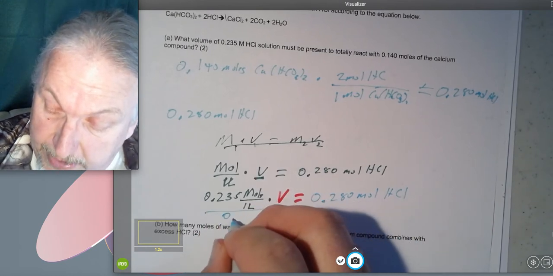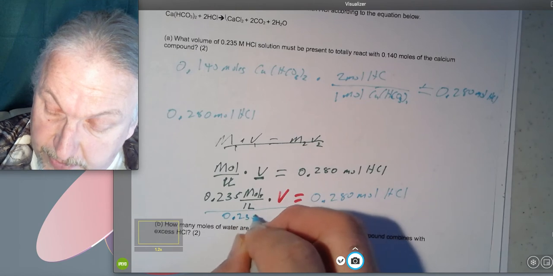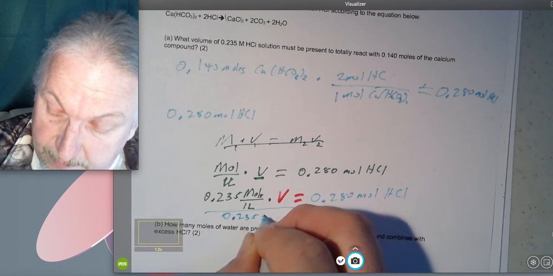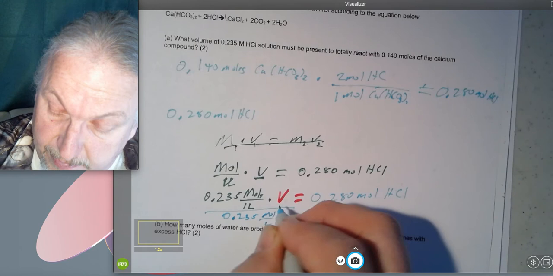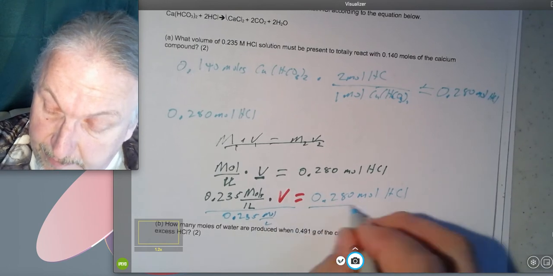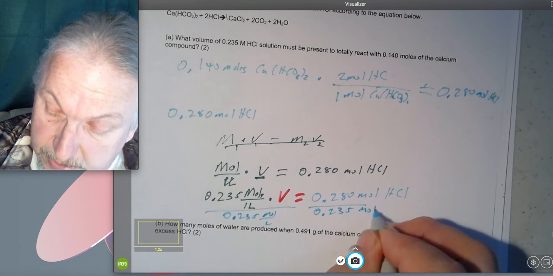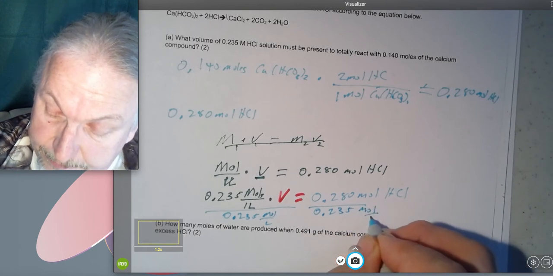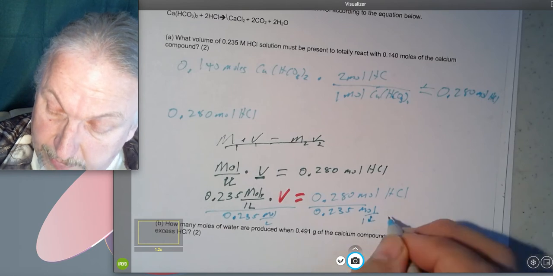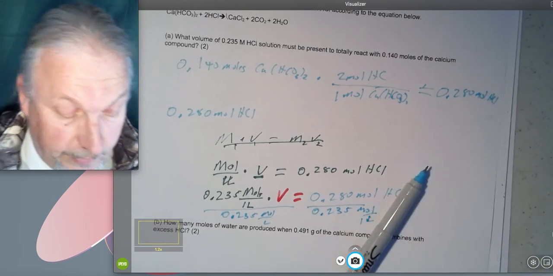If I want to get the volume by itself, I have to divide by 0.235 moles per liter.